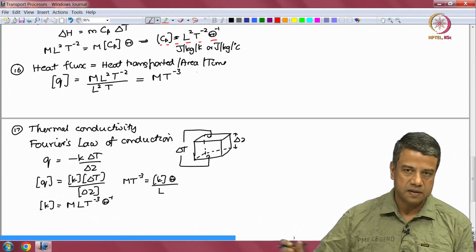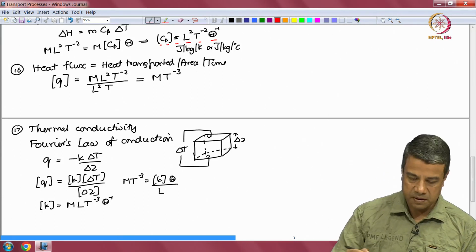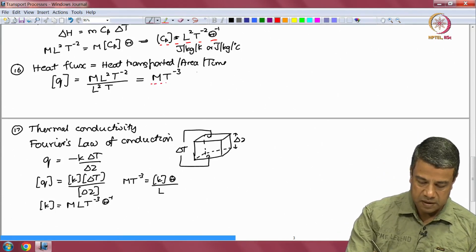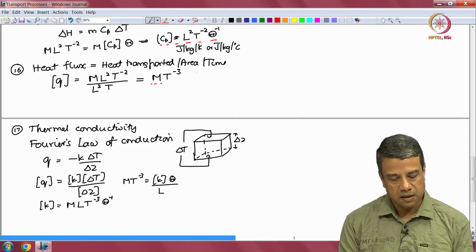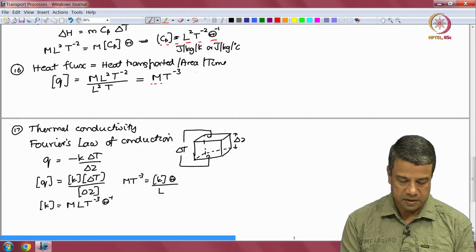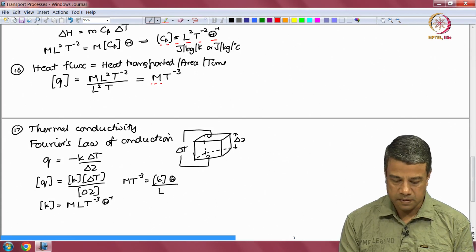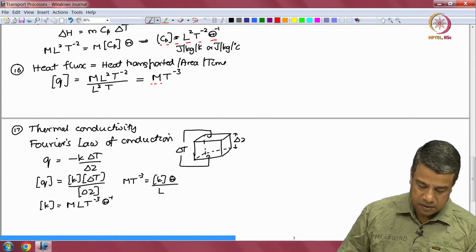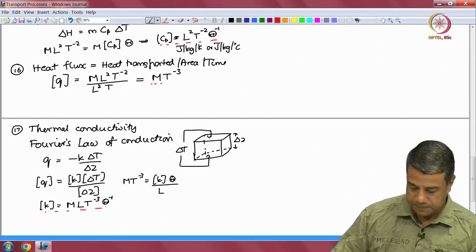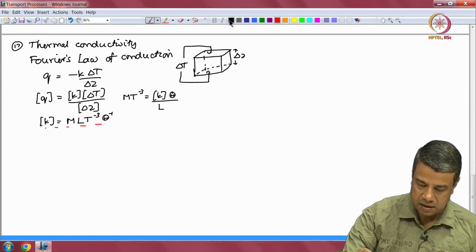Mass flux is mass transported per unit area per unit time, heat flux is heat transported per unit area per unit time, and from the dimensions of heat energy, area and time, the heat flux is M t power minus 3. Thermal conductivity is determined from Fourier's law of conduction, Q is equal to minus k delta T by delta Z, and from that we had got the expression for the thermal conductivity. So, these are relating to mass transfer and heat transfer.